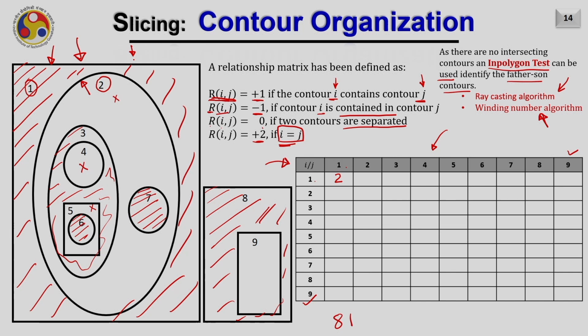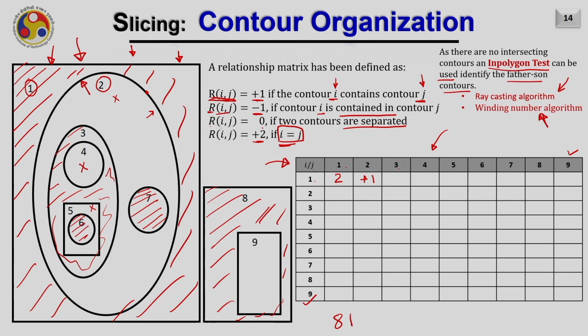How will you do this in your programming language? You will just consider any point on the second contour and test whether it is inside the first contour or outside. If it is inside, that means the entire contour will be inside contour 1. By seeing here also, we can clearly say that contour 2 is inside contour 1. Hence, we need to write plus 1 here.